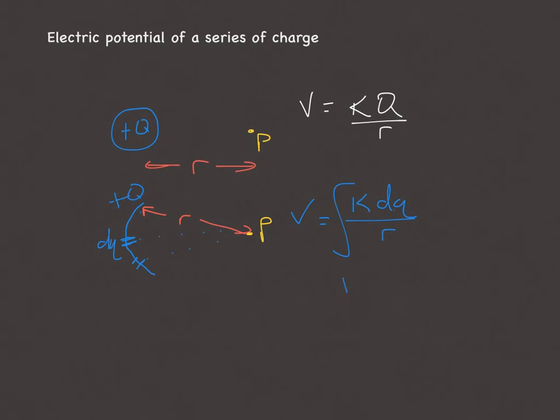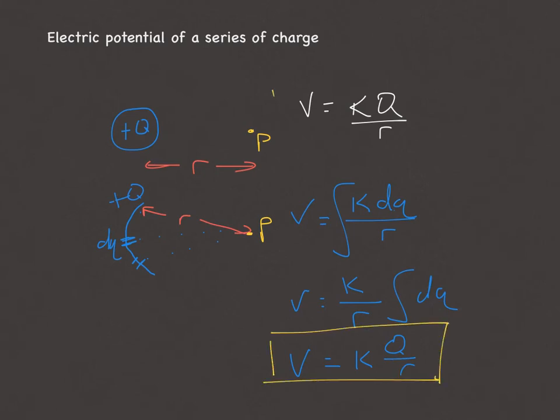So that k is a constant, every dq is at r away, so we just sum up every little bit of charge. And we'll get the exact same answer as when that charged object was a spherical shape.